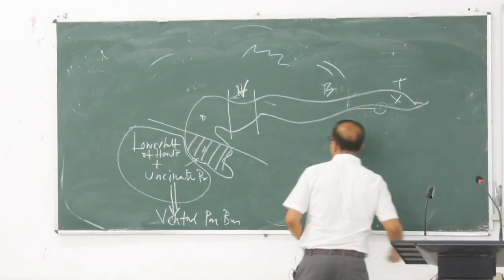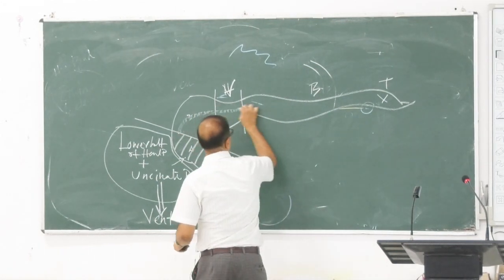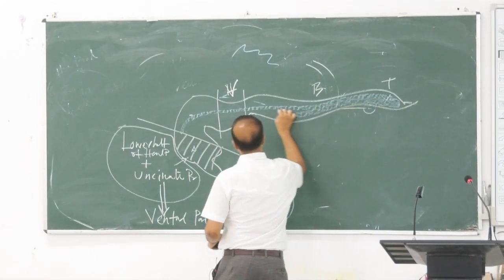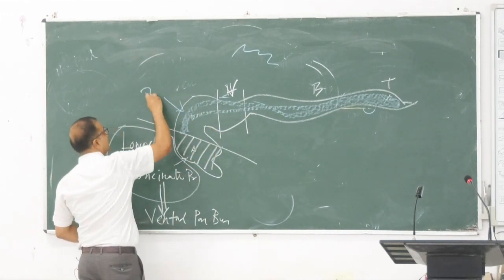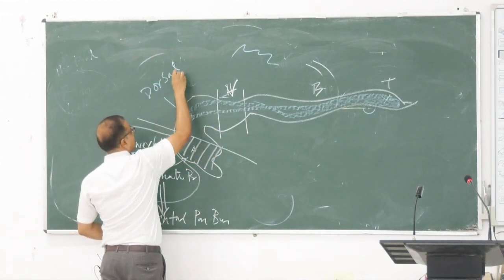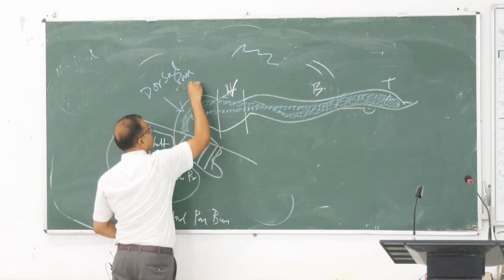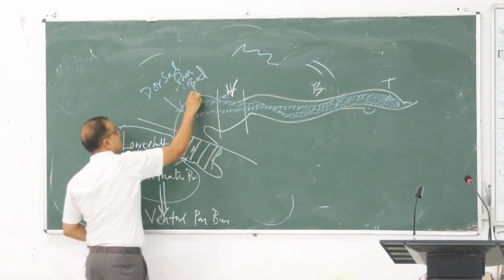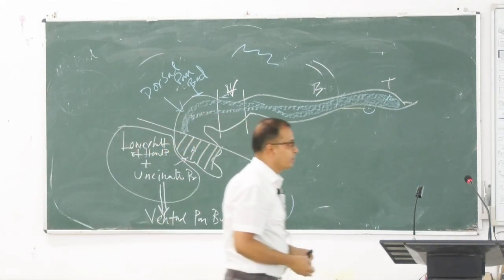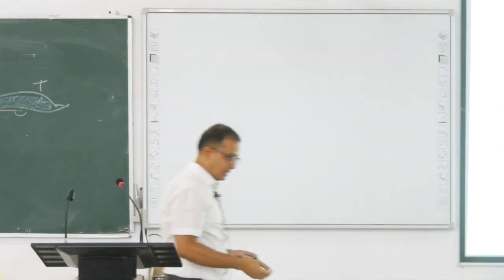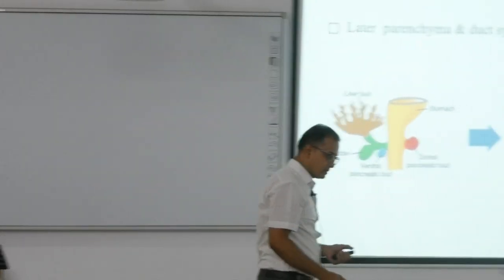And the rest of the pancreas, everything in the blue, comes from the dorsal pancreatic bud. So this is how the pancreas develops into a single pancreas from the two buds.